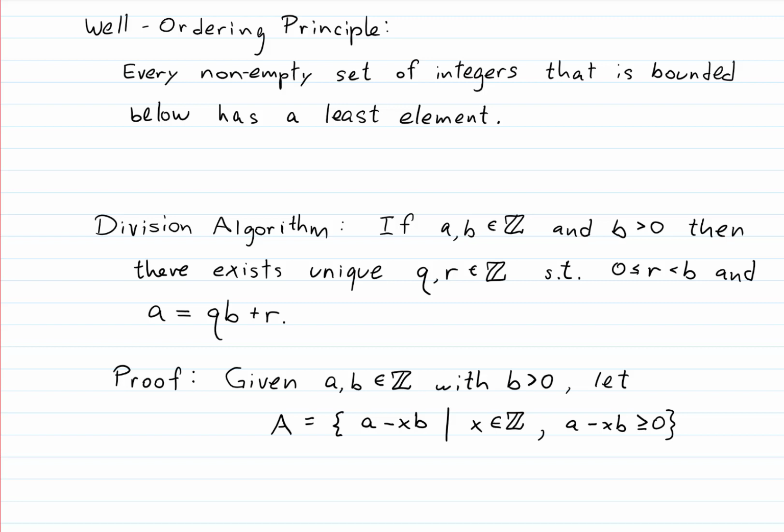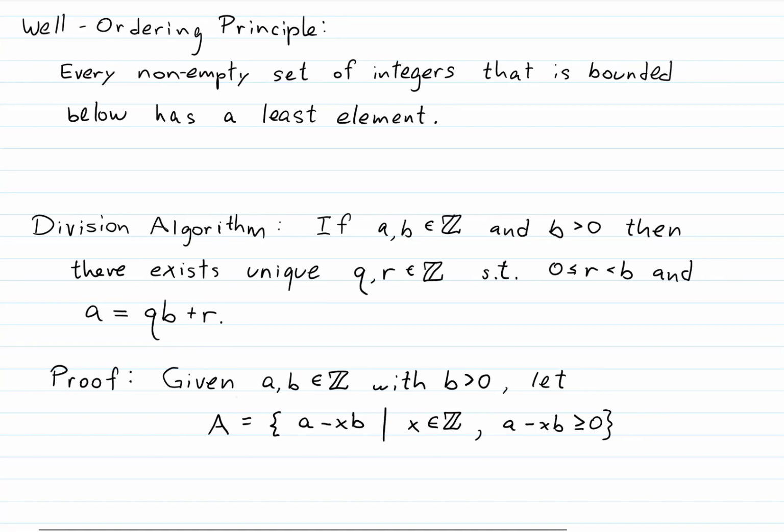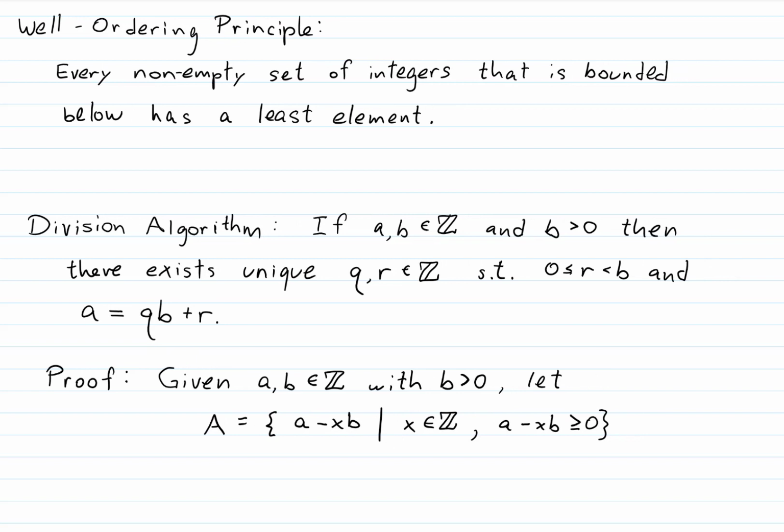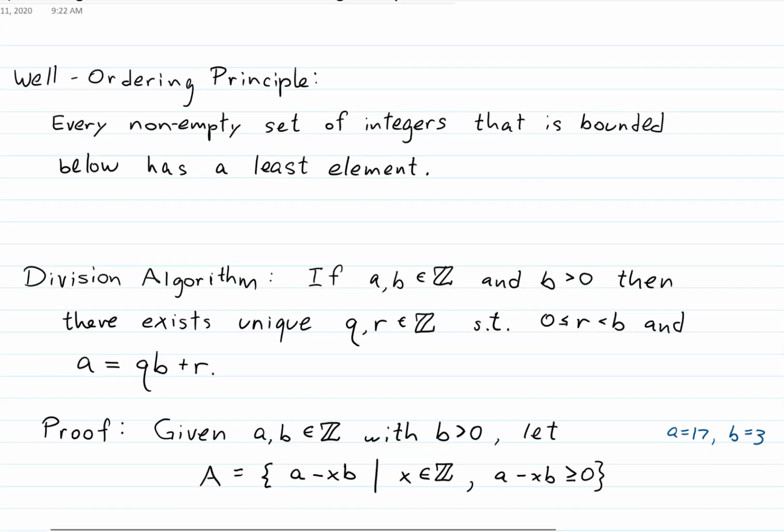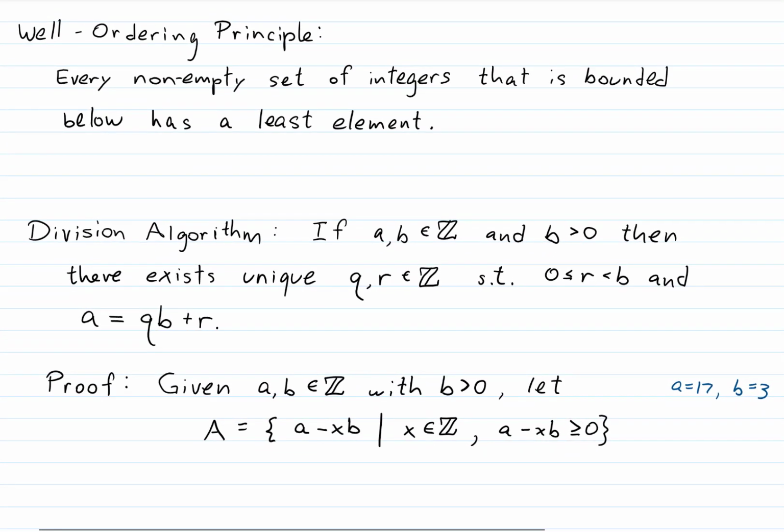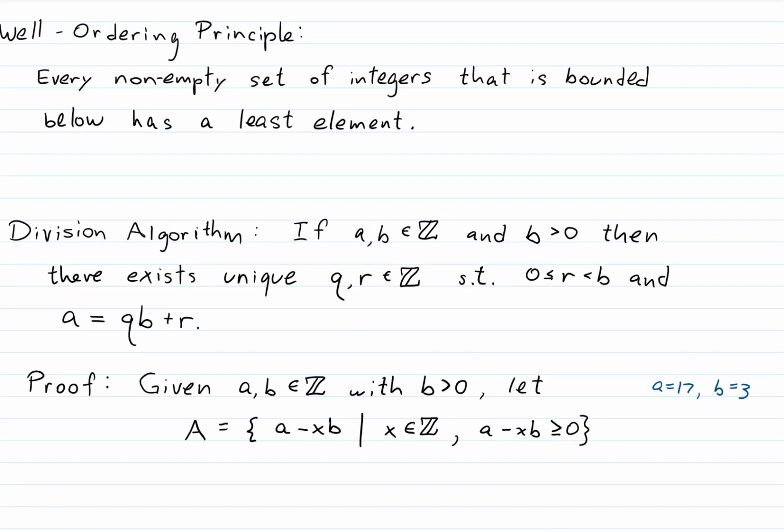I'll do an example with you. Let's see if I can fit this over here. Let's do an example. Suppose, for the sake of argument, that a is 17 and b is 3. Then our set capital A at this point would be this.